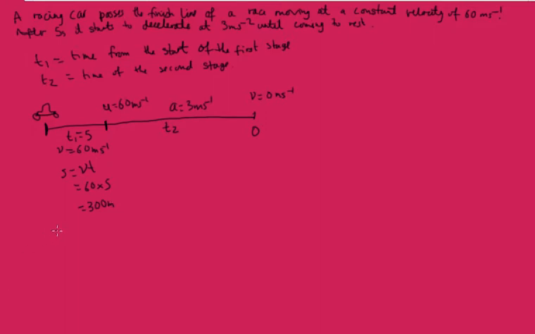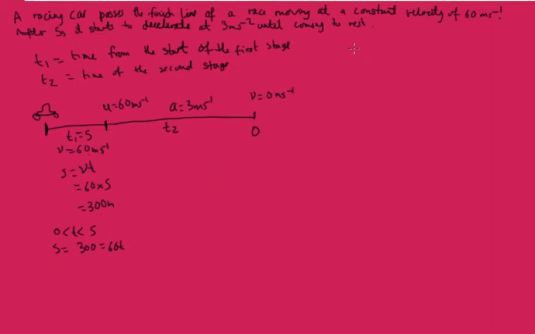So for 0 less than t less than 5, S equals 60t, where t was 5, which is 300.